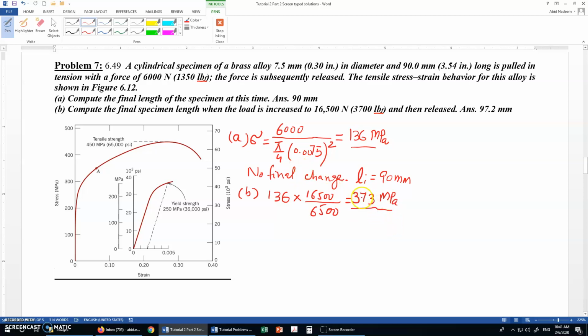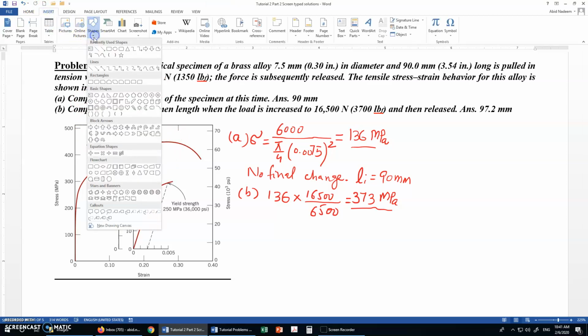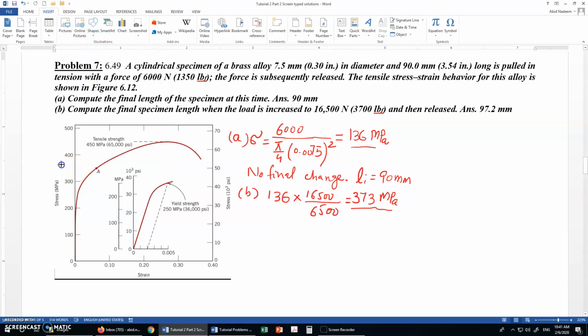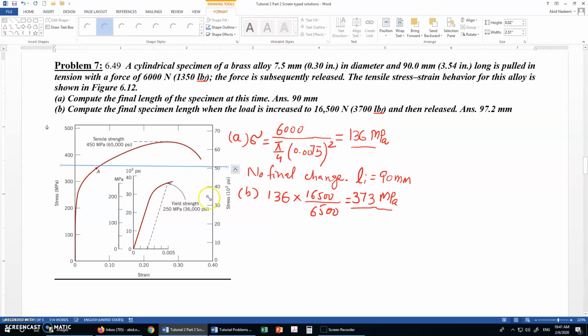Now this 373 megapascal stress is outside of the elastic range. It is in the plastic range. So 373 will be somewhere here. If you draw a horizontal line over here, let me draw it. Okay, this is the approximate horizontal line. It's a little bit inclined, so I make it again, and now it looks horizontal.